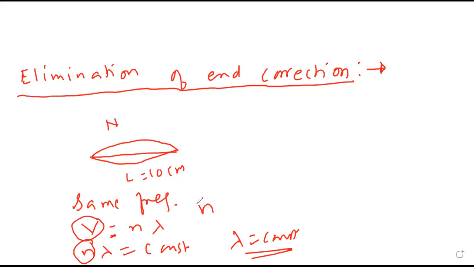Frequency is v by lambda, so if v is constant then lambda should also be constant.